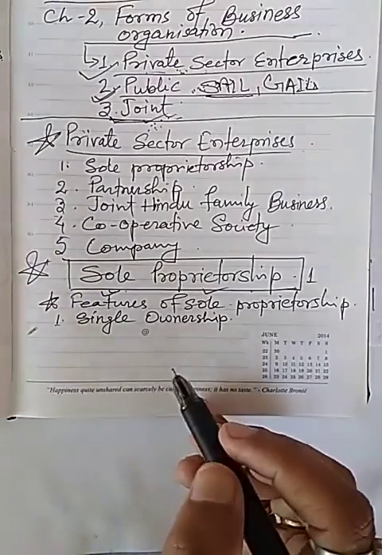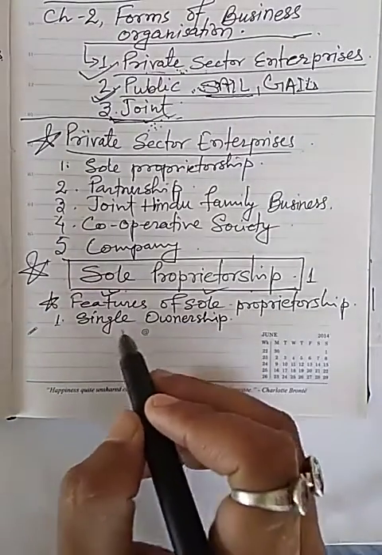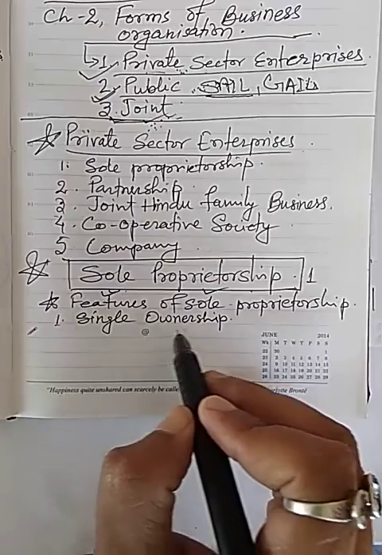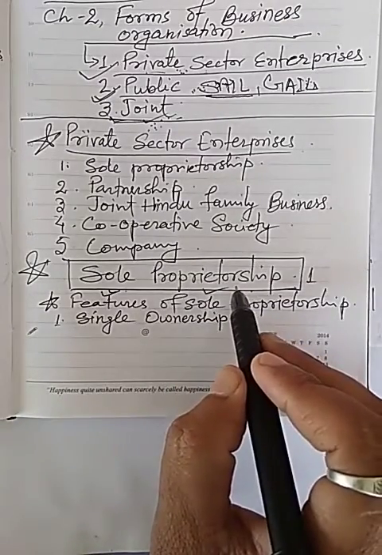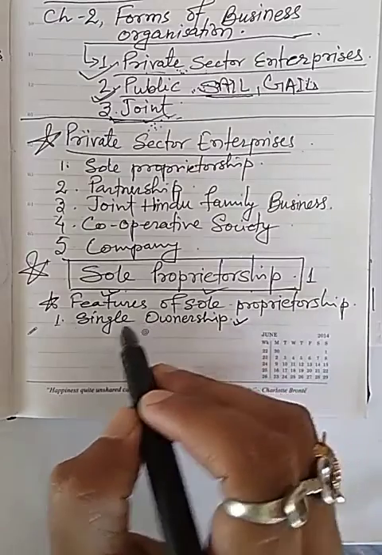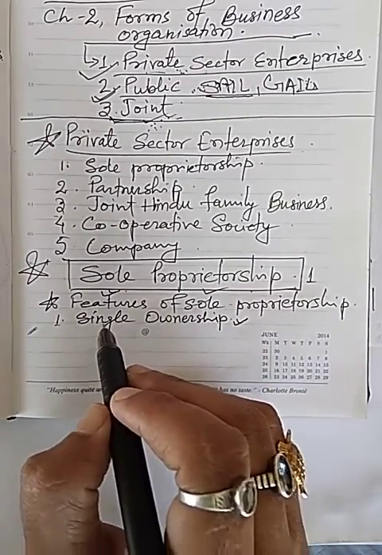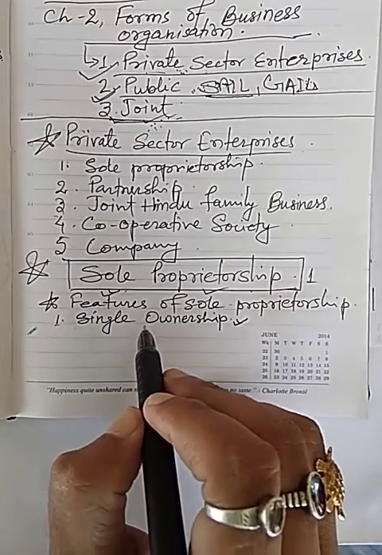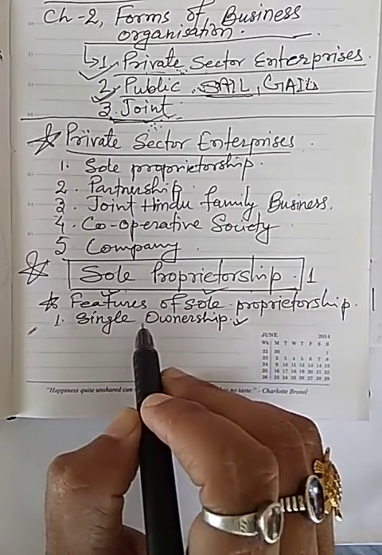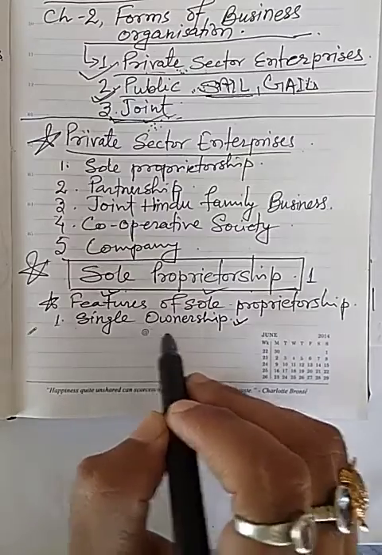The sole proprietorship firm is owned by a single individual only. I have given the definition. All the capital is supplied by a single individual from his own wealth or from borrowed funds.